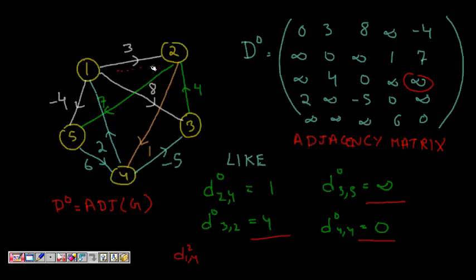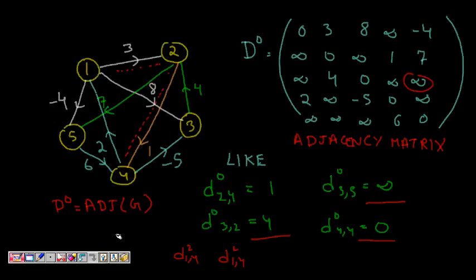So I can go from 4 to 1 and then 1 to 2. This way I can go, because node 1 and 2 are allowed in the intermediate path, so this is fine. And even directly, can we go from 4 to 2? In fact we cannot, so it is infinity.